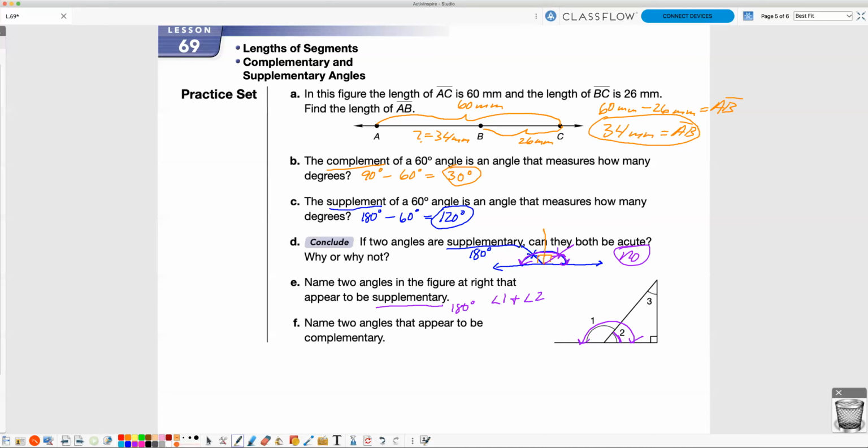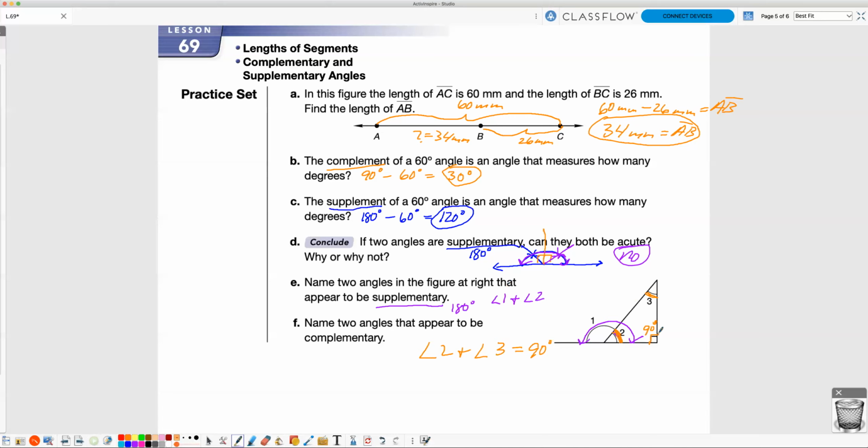Name two angles that appear to be complementary. So if you're looking at that portion of the question, you have to recognize that this is 90. This one is named already. If you were to add this angle and this angle, because this angle is 90 degrees, these two angles, angle 2 and angle 3, have to add up to 90 degrees because in a triangle, as I stated previously, when you add the degrees of all the angles together in a triangle, they add up to 180 degrees.